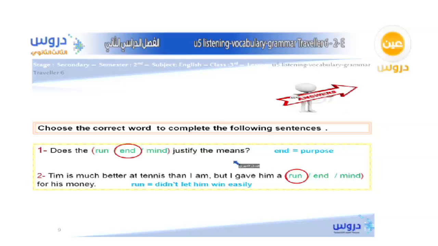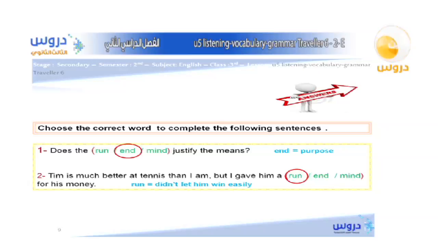So the meaning of end in the first sentence is aim or goal or even purpose. The meaning of run in the second sentence is didn't let him win easily. Okay? Very, very good try, Isra. Well done.